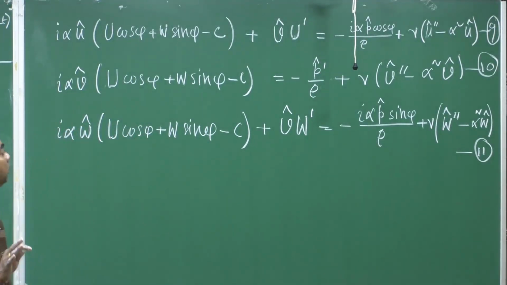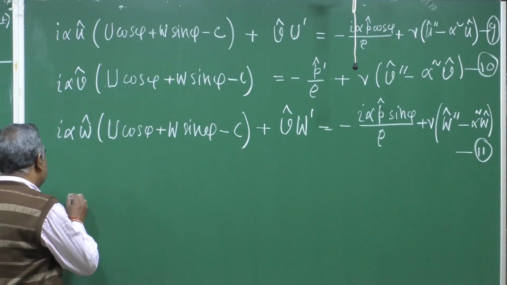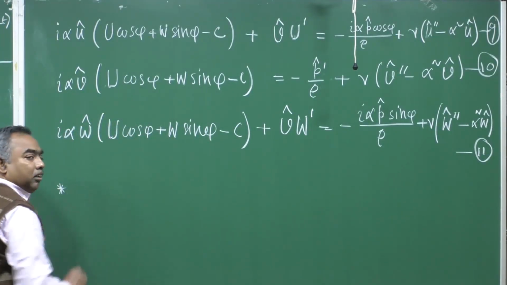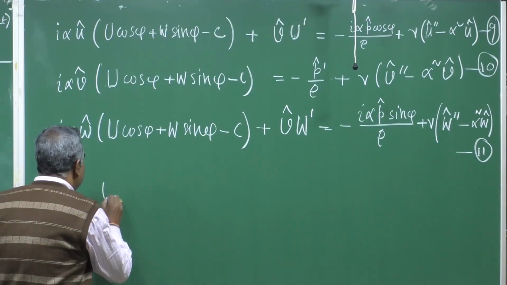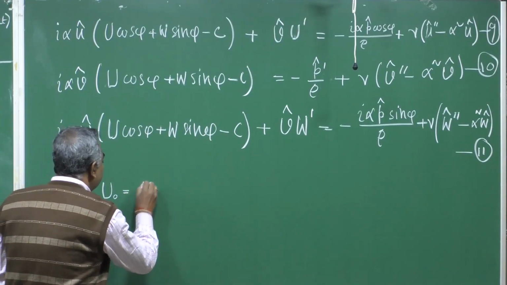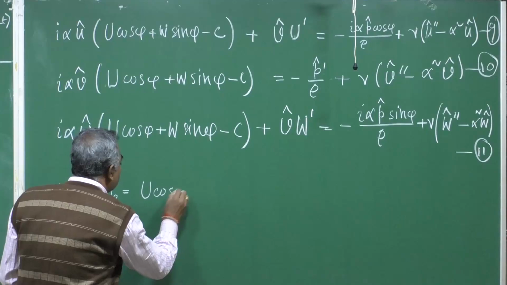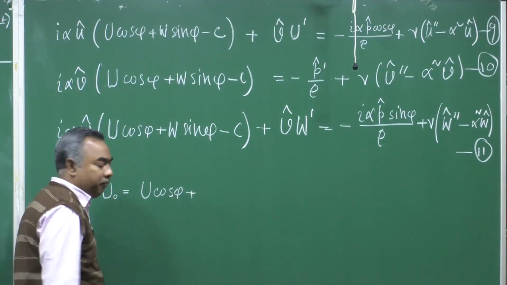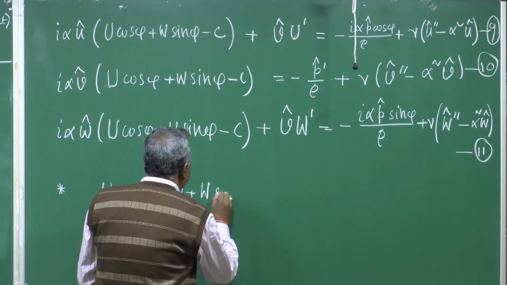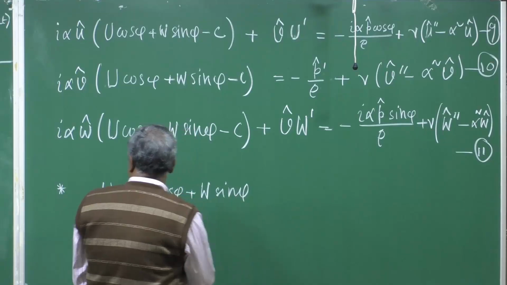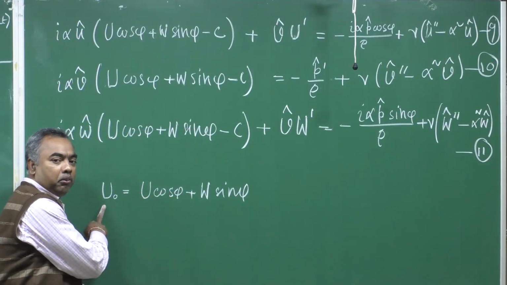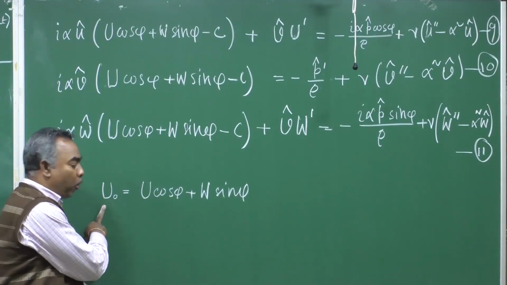There are 2 steps. First, we consider this expression, u naught as capital U cosine phi plus w sin phi. This expression we are designating as u naught.